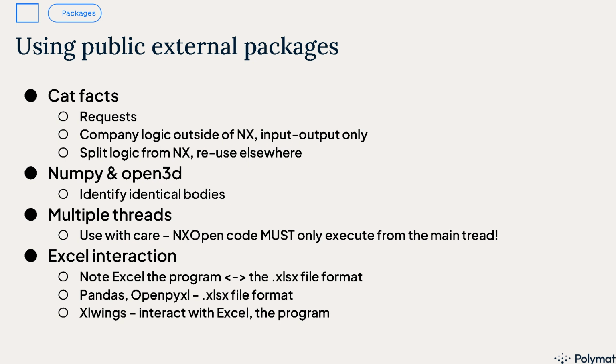You could also do the same calculation split out of NX, or run it in an API, and then you can reuse that same calculation in NX, but maybe in an Excel file or something else. So you can split your logic and reuse it. So you also only have to program it once. Otherwise, you need one in VBA for Excel, you need one in NXOpen for NX, and then you get the updated versions. And if there's no NX logic in there, then I think there's no point in keeping it within NX, and it can be handy to split it out.